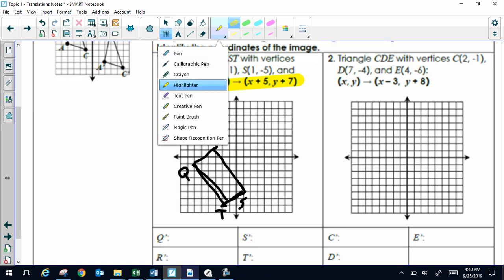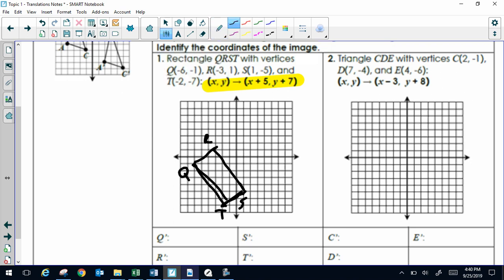Think about it on an xy plane. I am going to add 5 to every single x value. So if I look for Q prime, I'm going to take the x value, which is -6, and add 5 to it, which gives me -1.